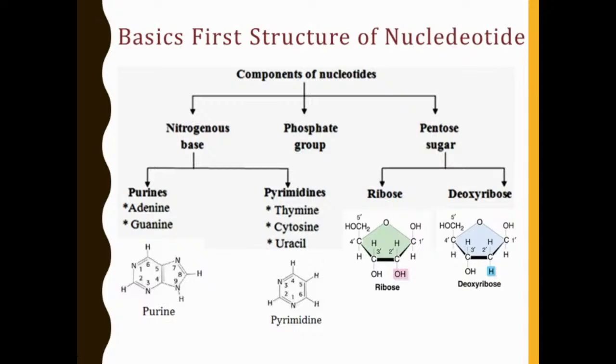Some modifications occur in these rings to form various types of bases as shown here. Two types of purines, adenine and guanine, and 3 types of pyrimidines, thymine, cytosine and uracil, are seen in these nucleic acids.